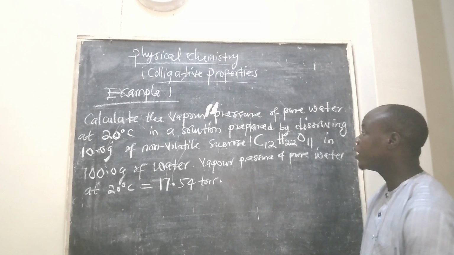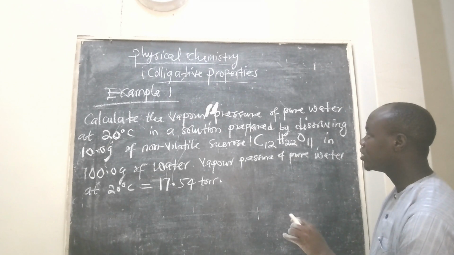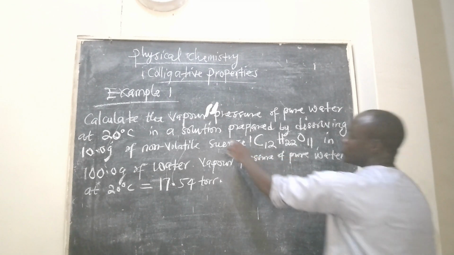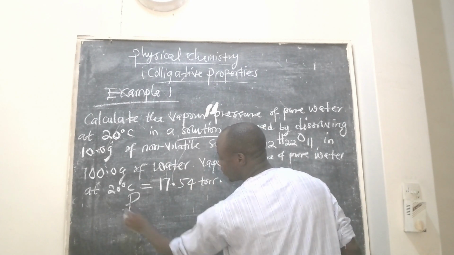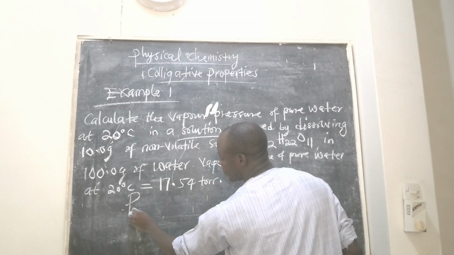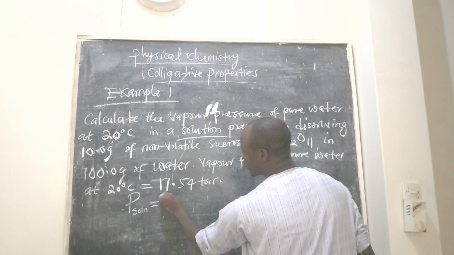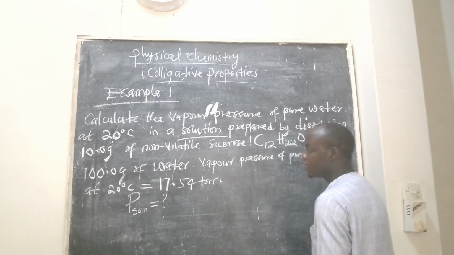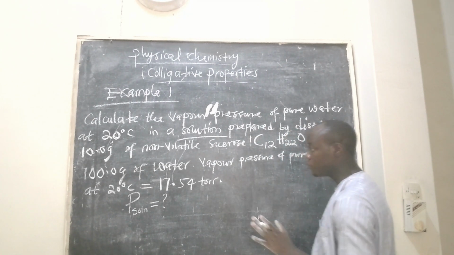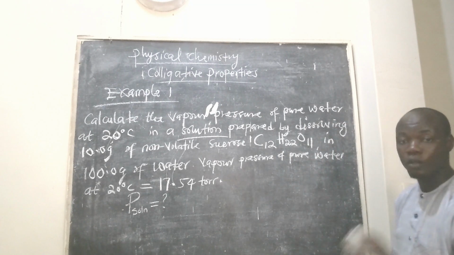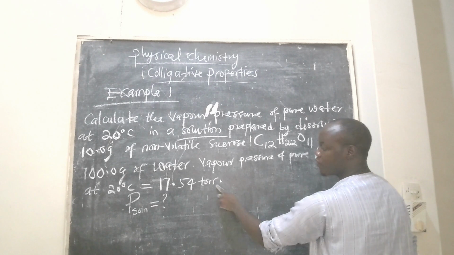By looking at the question, it says to find the vapor pressure of a solution at 20 degrees centigrade. It is a solution, which means we are going to find the vapor pressure of the solution. The vapor pressure of the solution is unknown. And the pressure of the solvent, which is pure water here, is given clearly as 17.54.